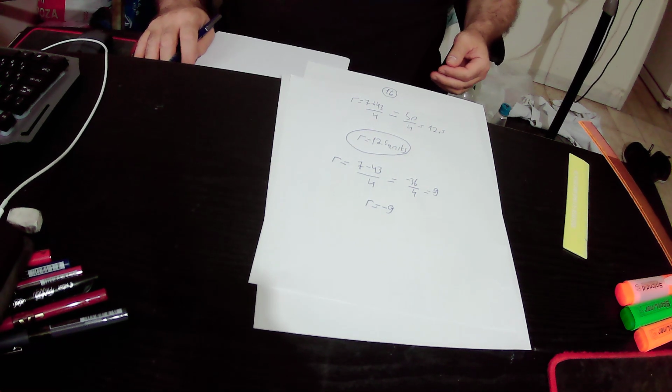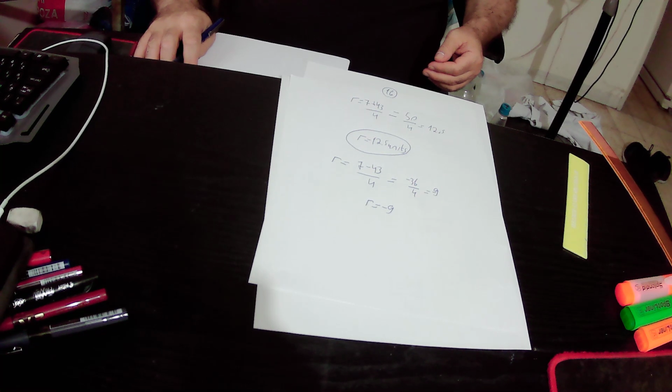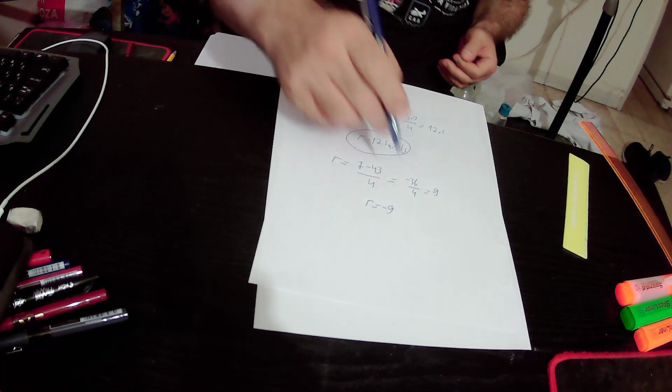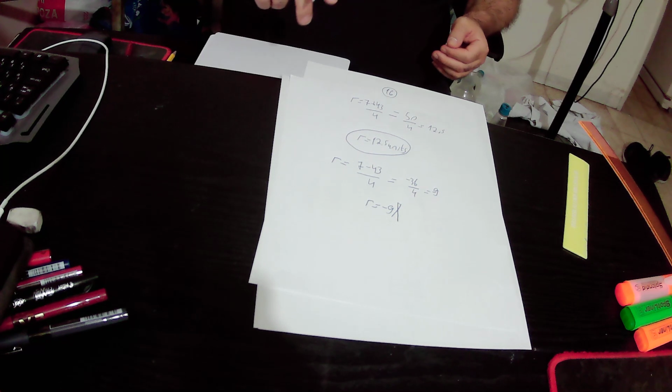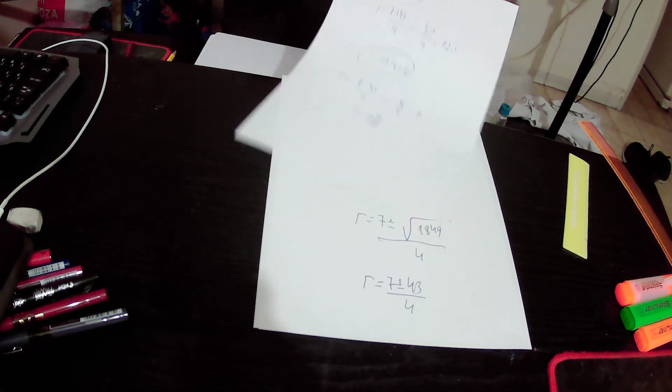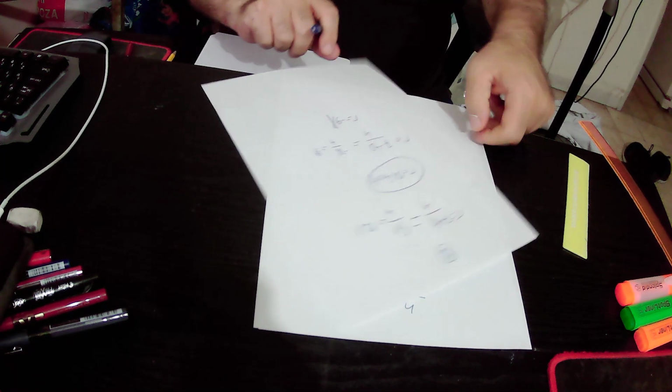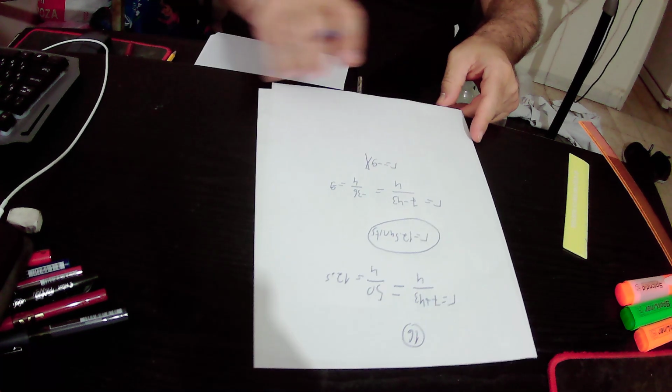R is the radius of the semicircle and it must be a positive number. Therefore, r equals minus 9 is an incorrect answer. We will cancel this possibility and we are left only with the possibility that r equals 12.5 units.